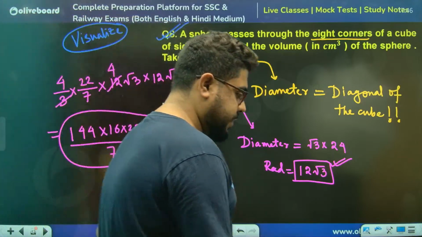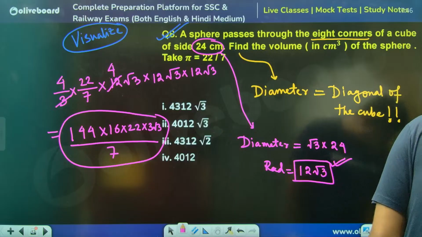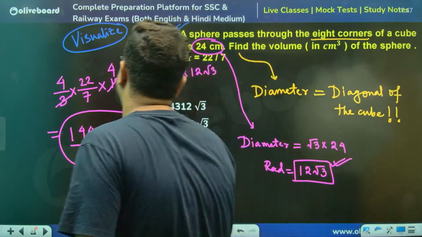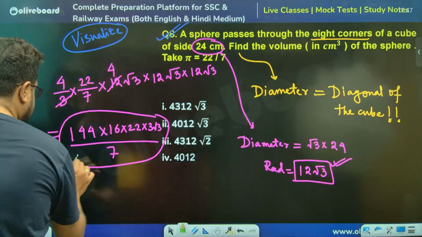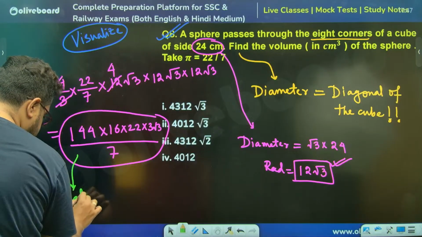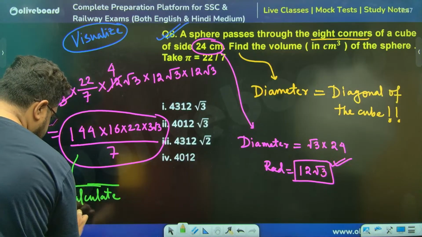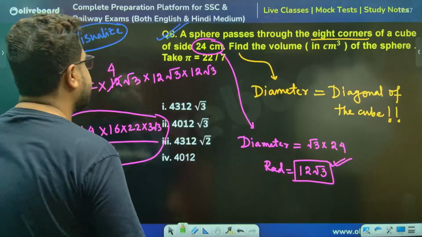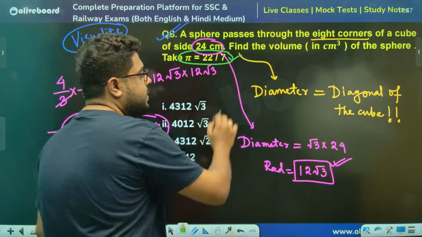Nothing wrong, everything is okay. So just calculate from here. It will come in approximate, sir. We can't do anything. But in that case, it should have been given, because 7 is not cancelling, and they have told us to take pi equal to this.